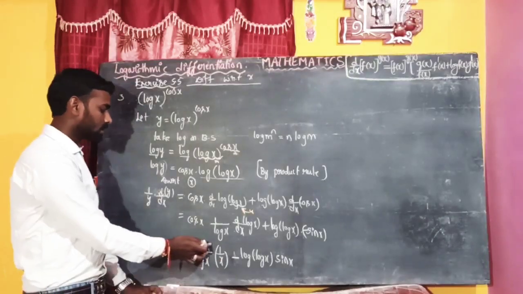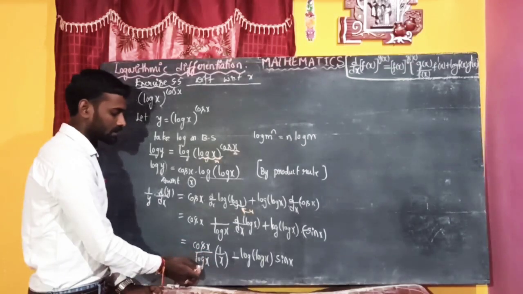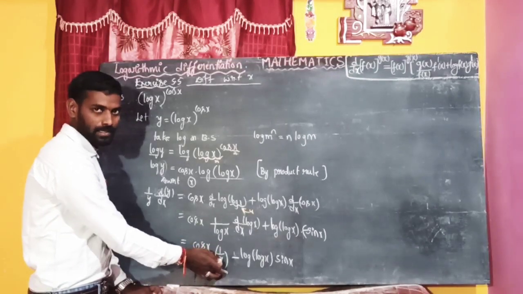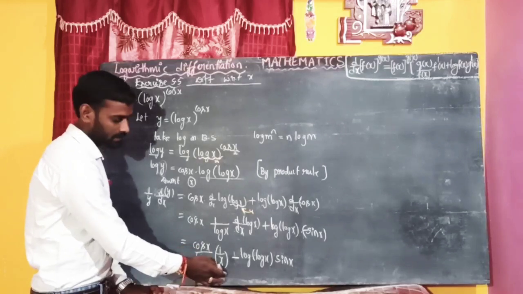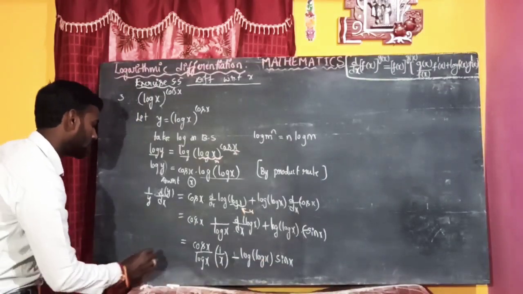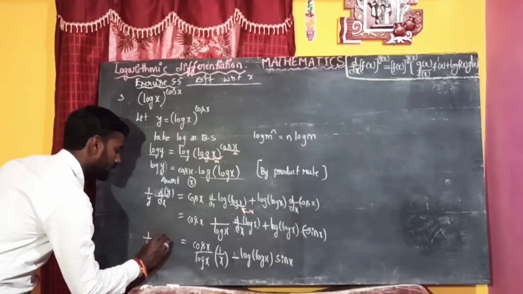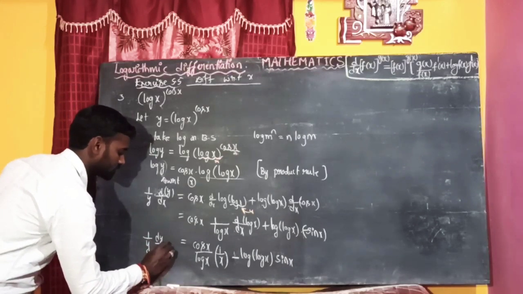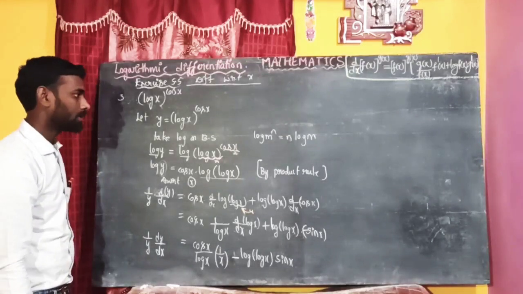That is cos x by x log x minus log of log x into sin x. This is 1 by y into dy by dx.